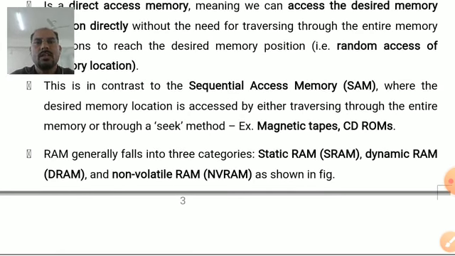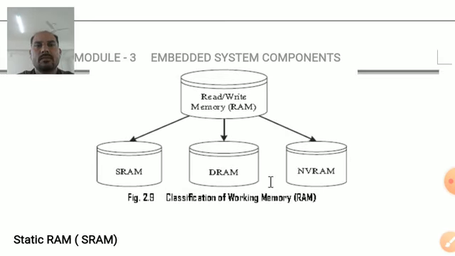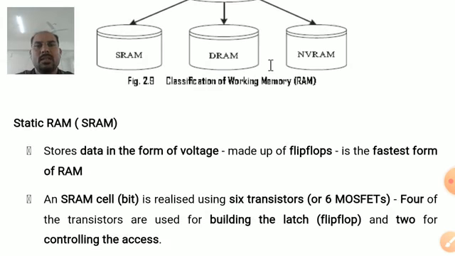RAM generally falls into three categories: SRAM, static RAM, DRAM, dynamic RAM, and NVRAM, non-volatile RAM. Static RAM, a type of RAM, stores the data in the form of voltage. This type of memory is made up of flip-flops, and it is the fastest form of RAM.